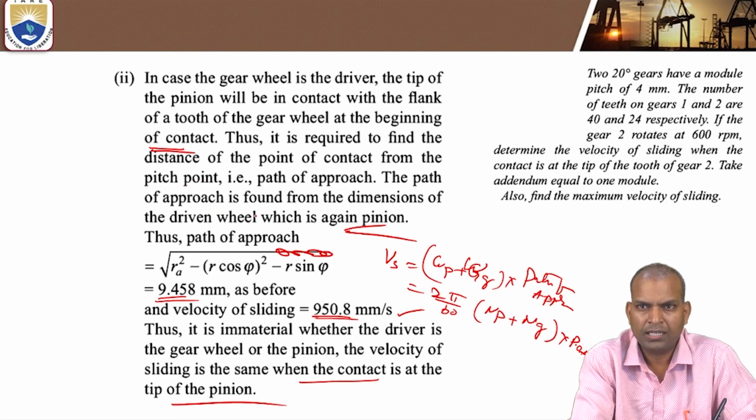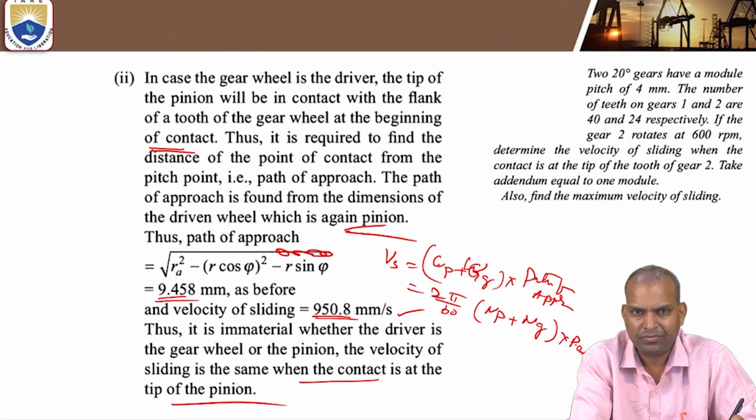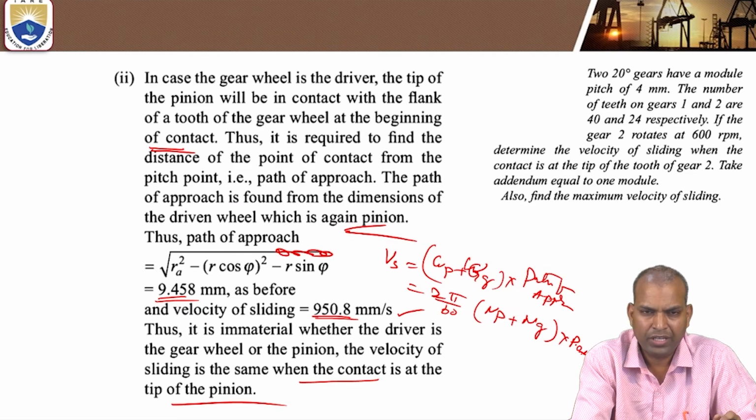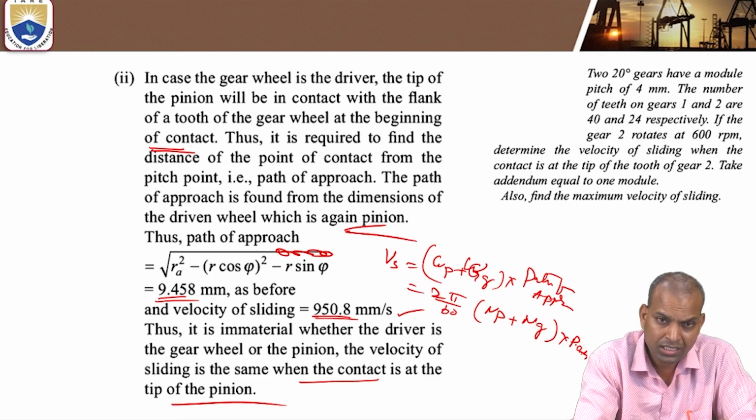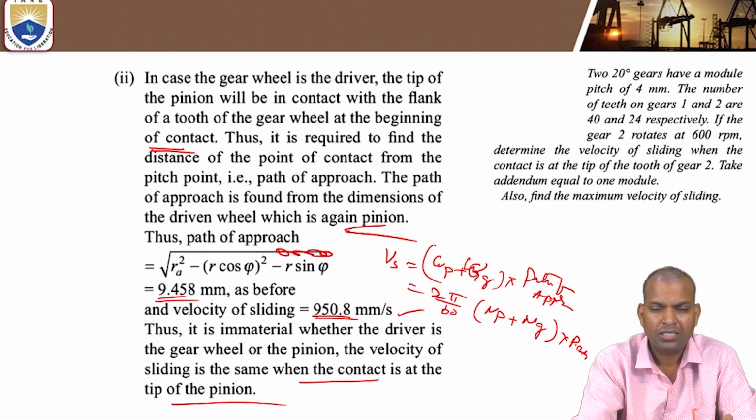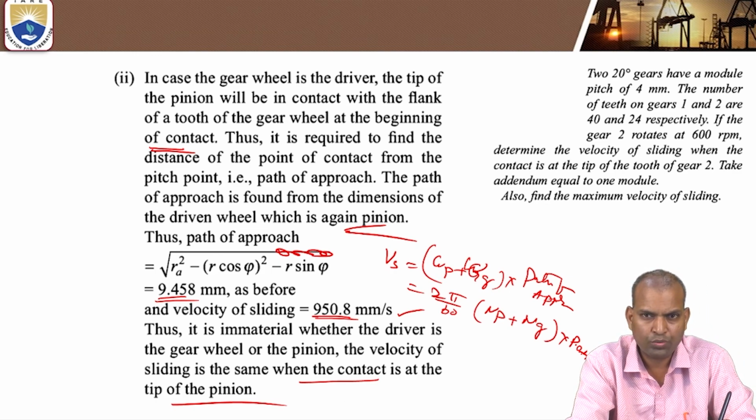One more thing is that the path of approach and path of recess formulas we derived from the concepts, along with path of contact, contact ratio and arc of contact, consider the larger wheel as the driver and the smaller wheel as the follower. This is the way of understanding the velocity of sliding.